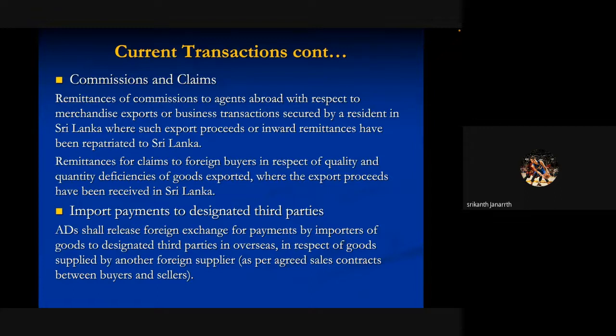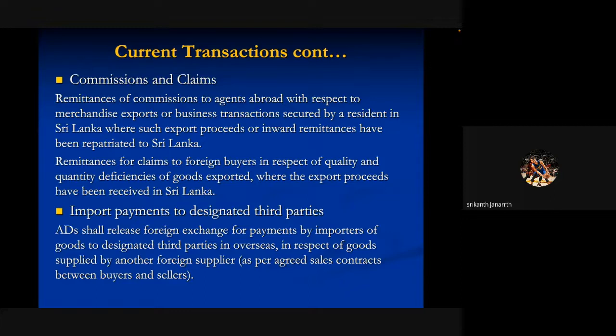Then there is the other one, import payment to designated third parties. This could also happen. Sometimes you can make an import payment to a designated third party. It's like this. Let's say a Sri Lankan importer is buying something from Malaysia. The goods are coming from Malaysia, so the transaction is with Malaysia.